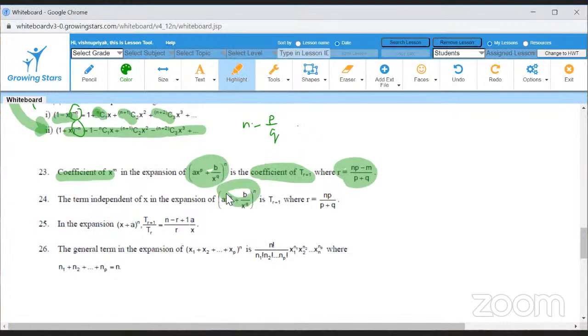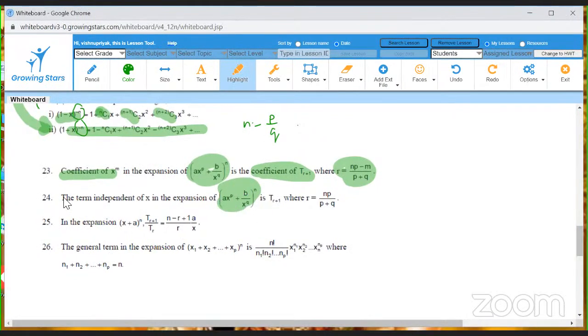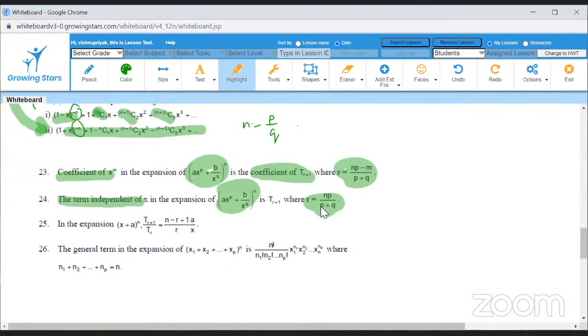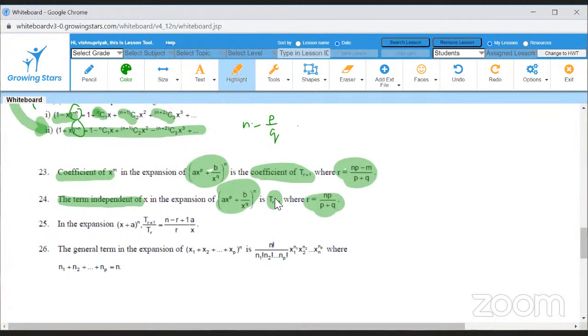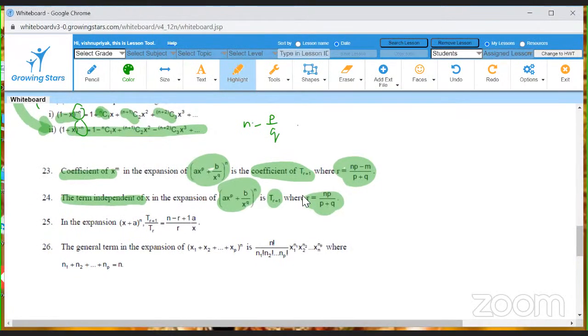Similarly, if the expansion is in this form, the term independent of x will have r equal to np/d. The term independent of x is T(r+1), but in this r you will write np/d. The shortcut formulas will be difficult, but as you practice problems, it will be easy.